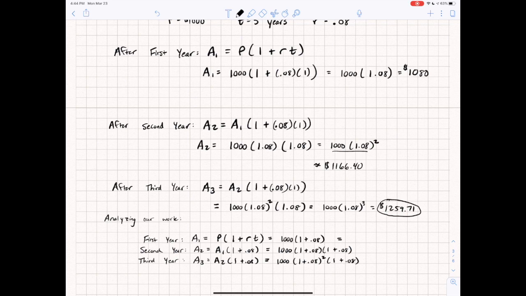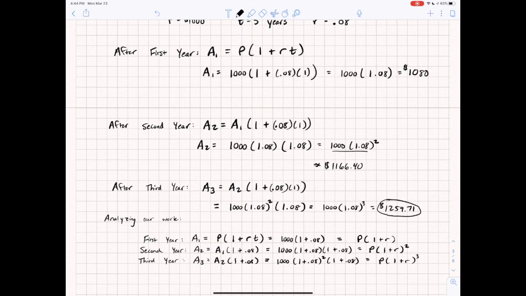And this one here was P times 1 plus R. The second one now, notice, is P times 1 plus R squared. And the third one is P times 1 plus R to the third.